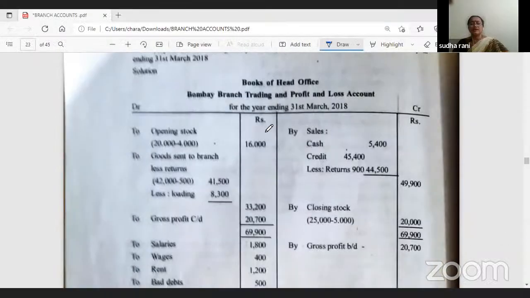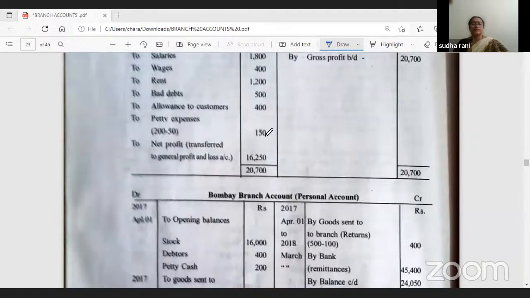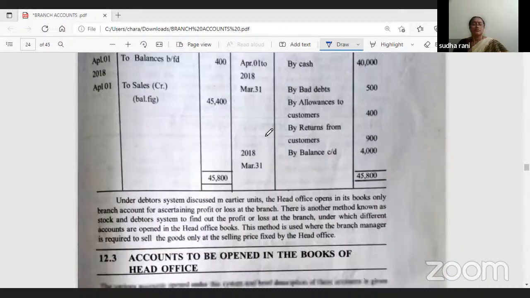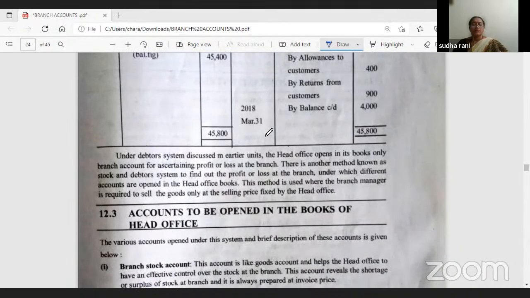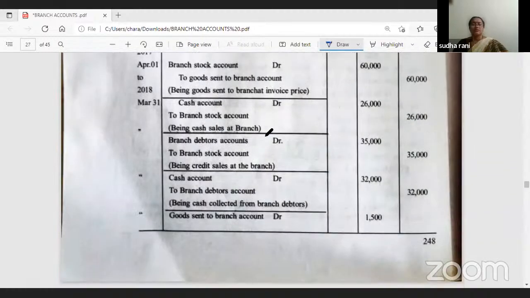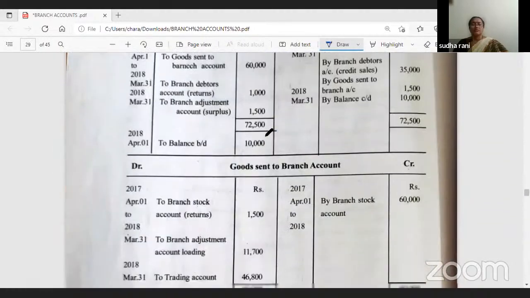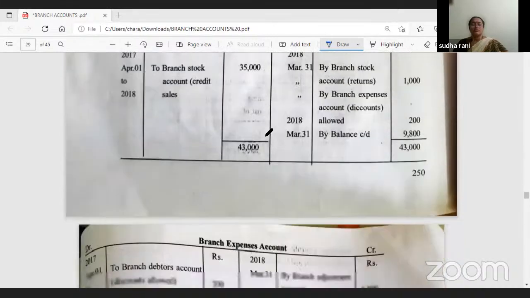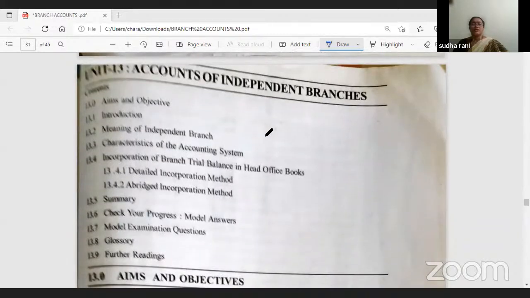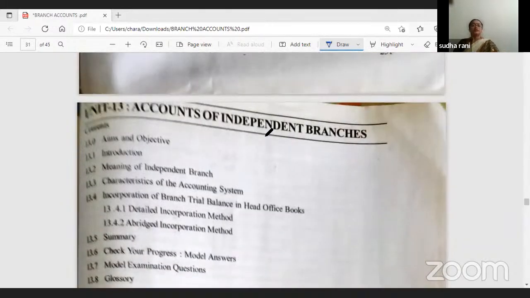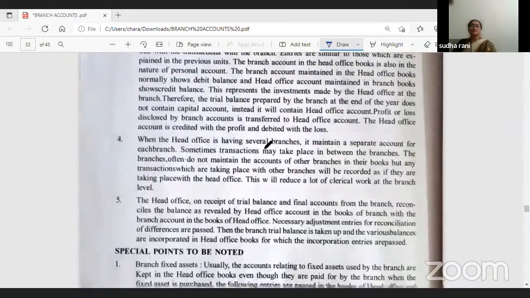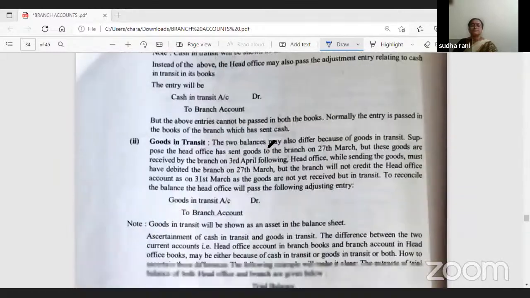See here, in case of dependent one, independent one, this is independent one, no?